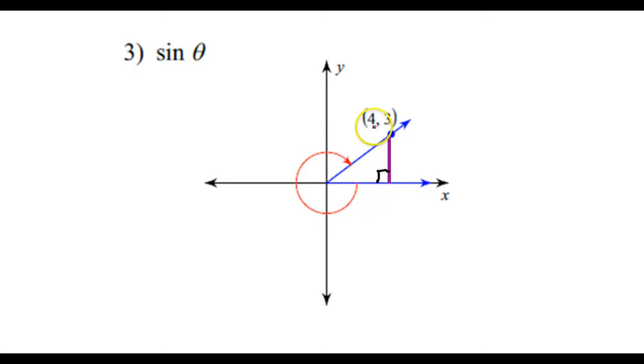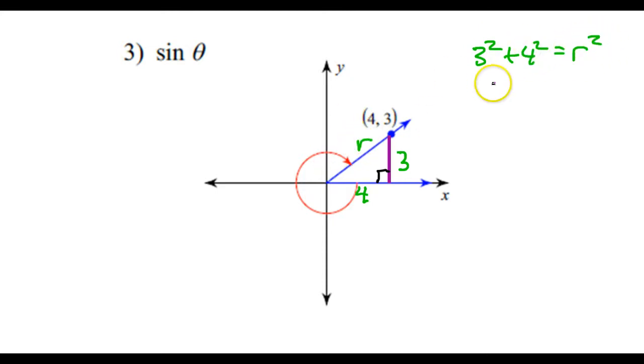So 4 is the x value, so that means this point is 4 over, which means that this side of the triangle is 4. 3, the y value, is up 3, so that means this vertical side is going to be 3. We're going to need the hypotenuse for this, so we would do the Pythagorean theorem, and so we would say 3 squared plus 4 squared is equal to the radius squared.